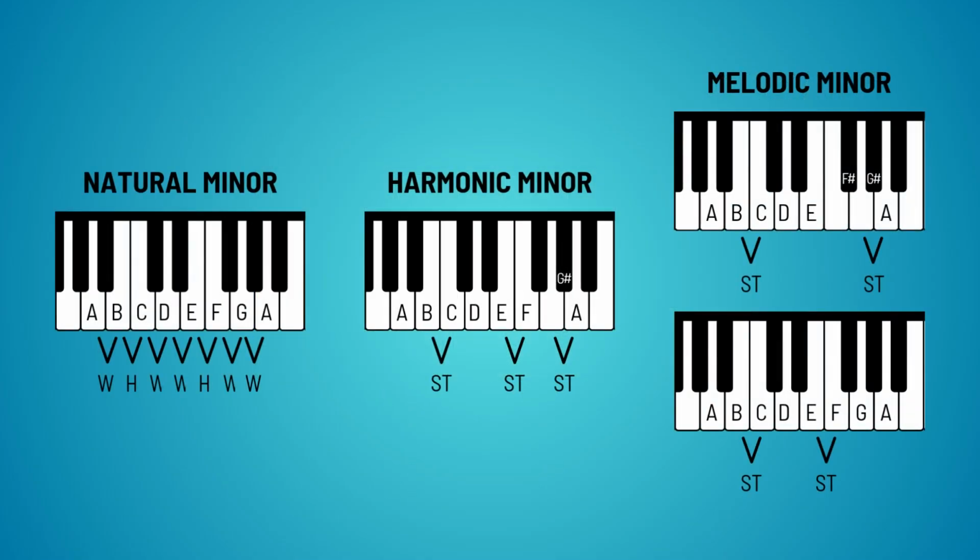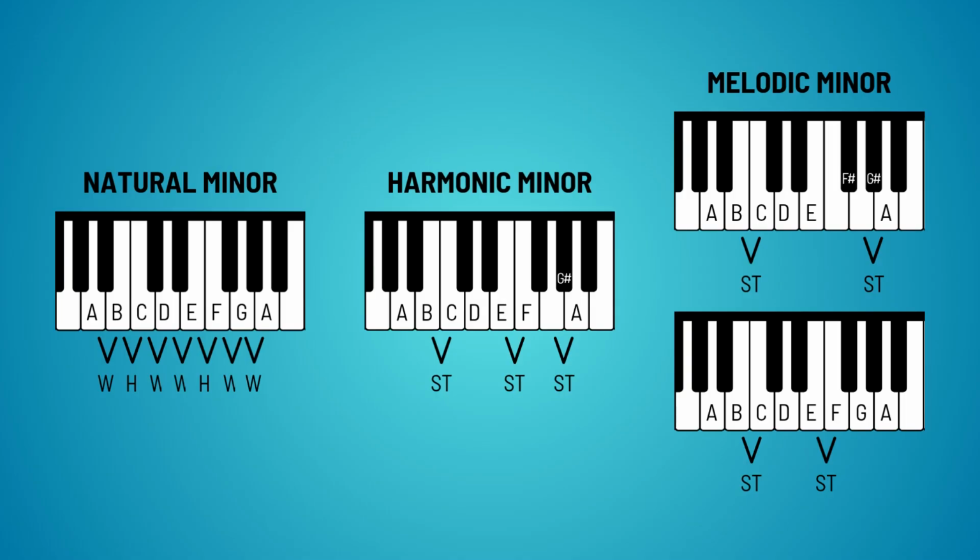Let's compare all three forms of the A minor scale. A natural minor: A, B, C, D, E, F, G, A. There are no altered scale degrees. A harmonic minor: A, B, C, D, E, F, G sharp, A. Scale degree 7 is raised in both directions.